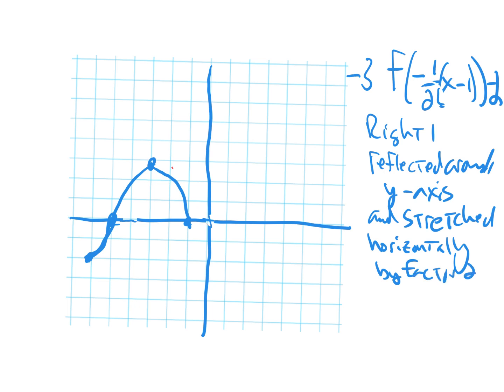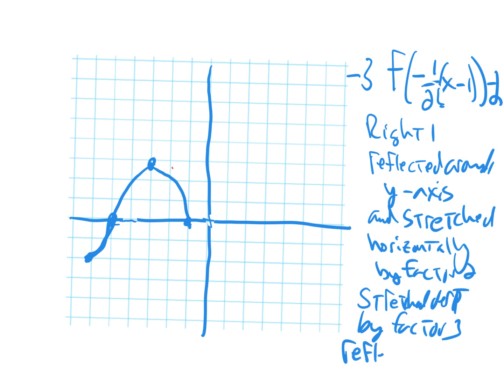Then vertically, a factor of 3, but there are no x-axis, negative 3. Then shifting down.